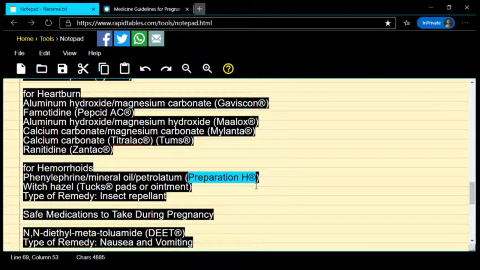Witch hazel is in Tucks pads or ointments.